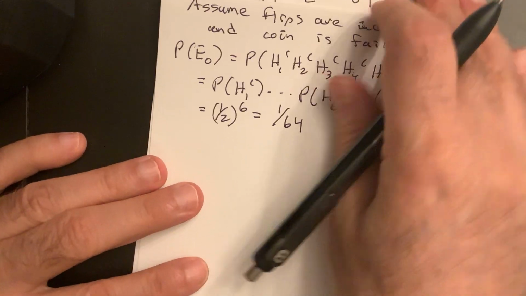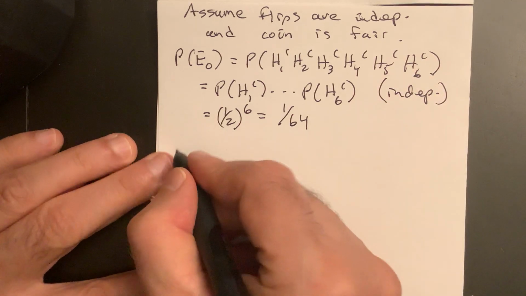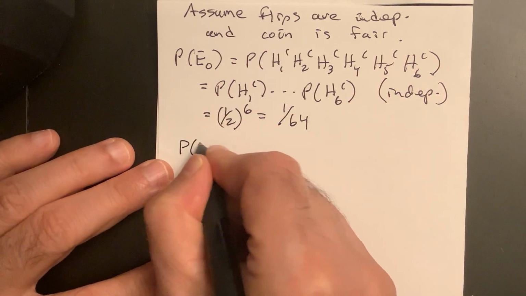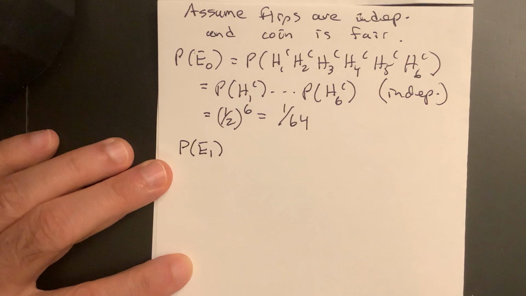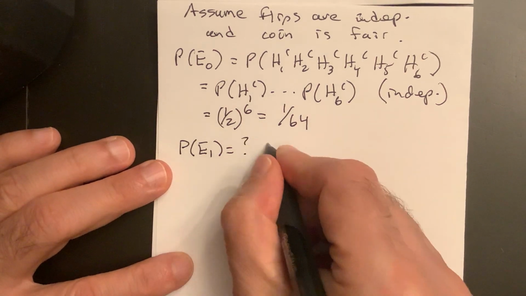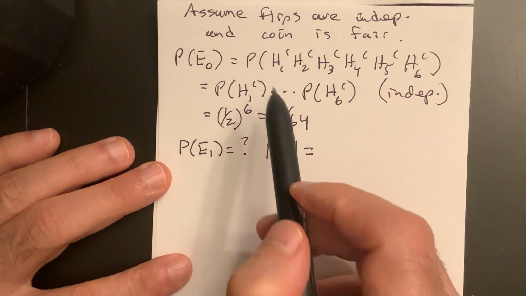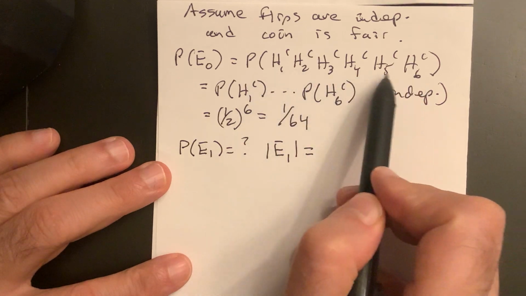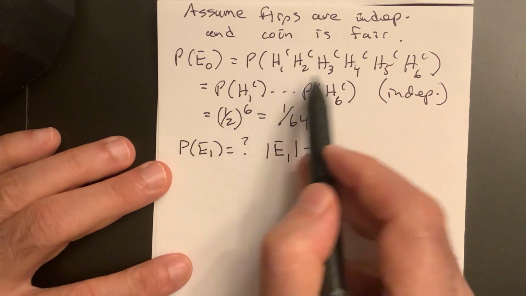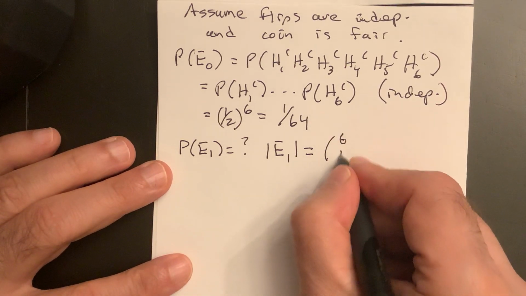Okay, what about P of E1? What's the probability there's one head? Well, the size of E1 is equal to all the choices for me to put a head here instead of tails. So there's 6 possible spots for the head. So this is actually 6 choose 1.